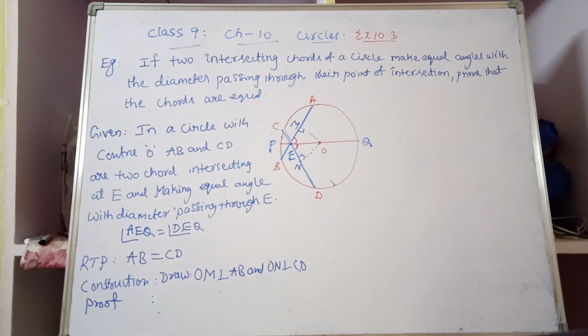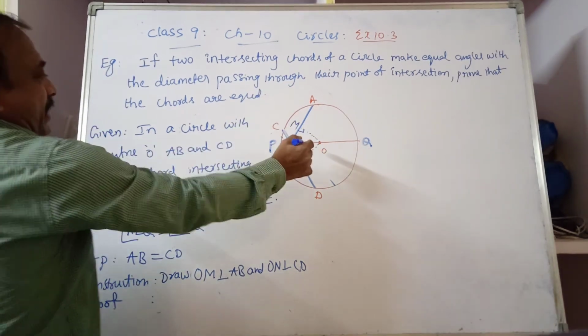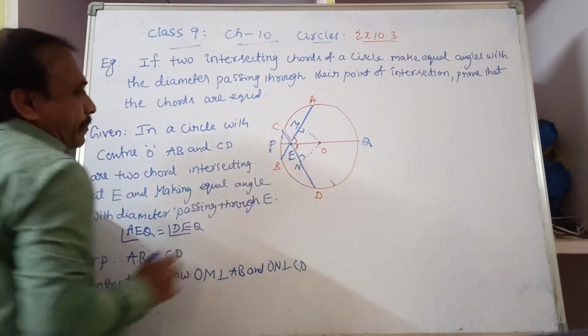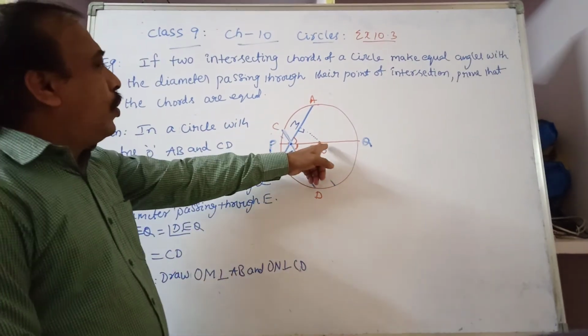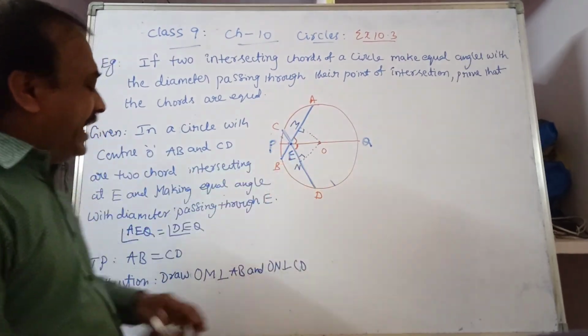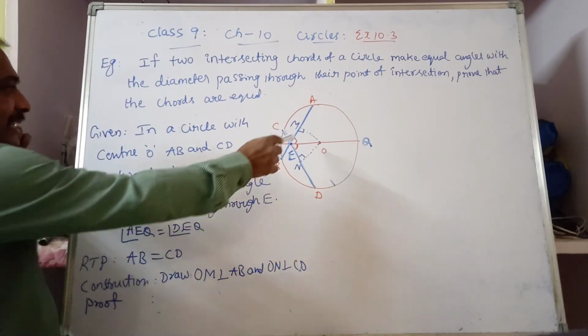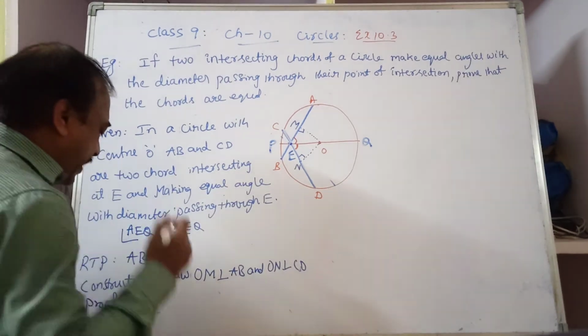In that, observe triangle OME and triangle ONE. In these two triangles, these two angles are equal and these two angles are 90 degrees as they are perpendicular.